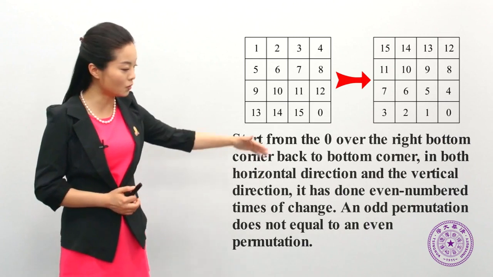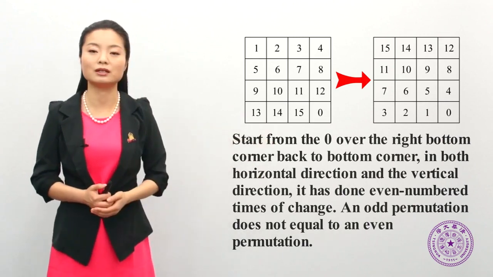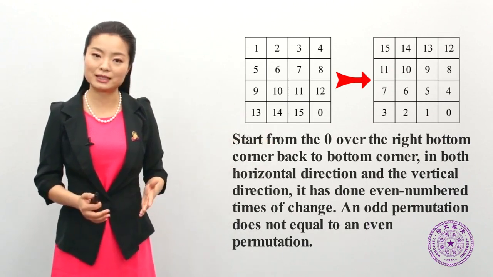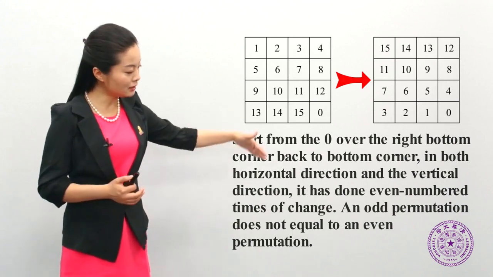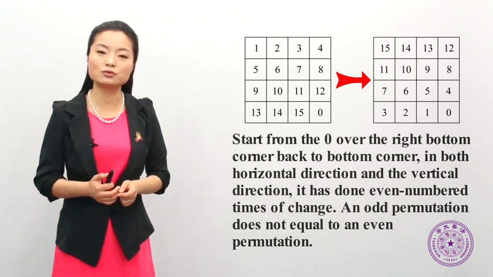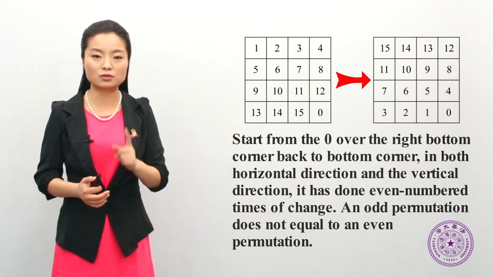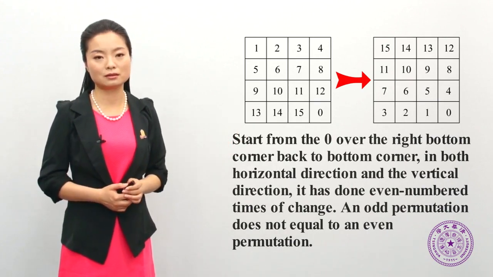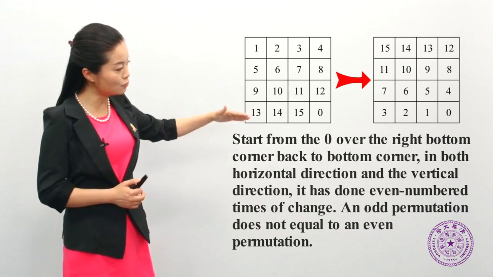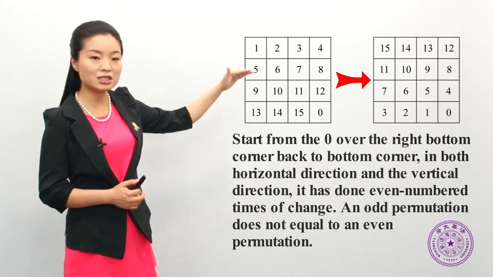But towards the swapping of other elements, we know it is an odd permutation. An odd permutation is not possible to have the same effect as an even permutation. Therefore, if we limit any change to be 0 and its neighboring position, it is not possible to produce the right image from the left one.